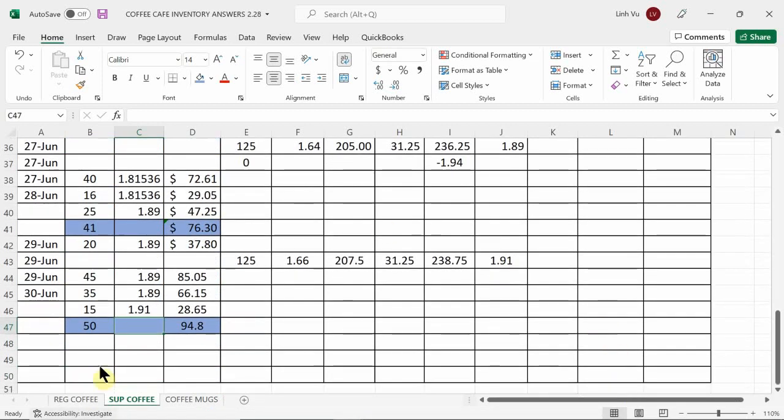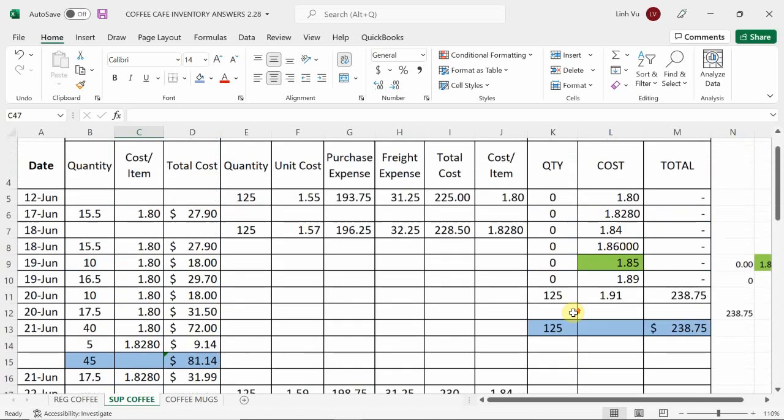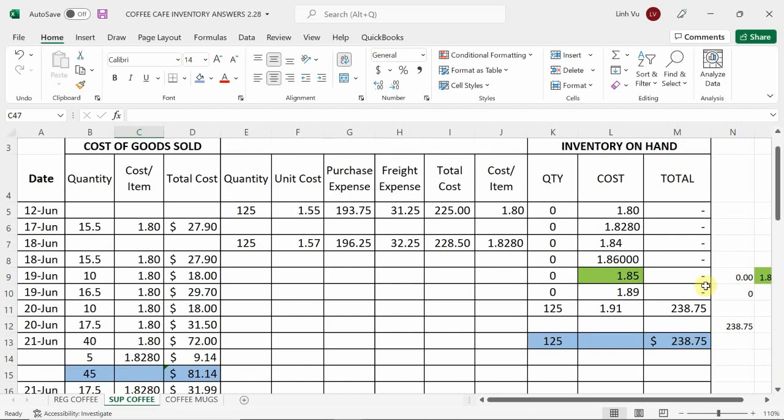If I add these two numbers together to get my 50, I got a total of $94.80 that I have sold. So for this batch of inventory, I sold 15 pounds at $28.65. Let's go ahead and calculate that amount here.